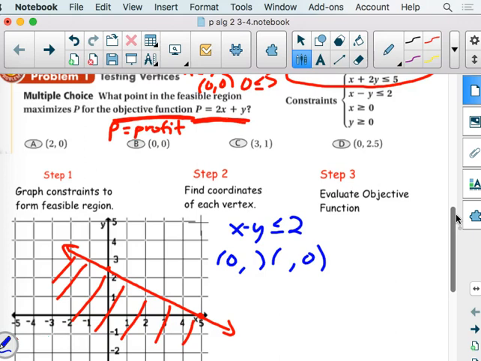Negative 2. I mean, that's the only way. If negative of something is 2, it has to be the negative of negative 2. If the y is 0, this is going to be 2. So 0, negative 2, 2, 0. That one does have an equals bar, so it'll be solid.